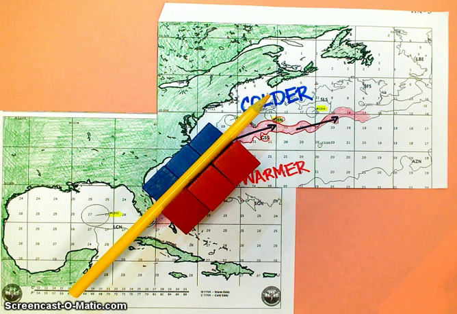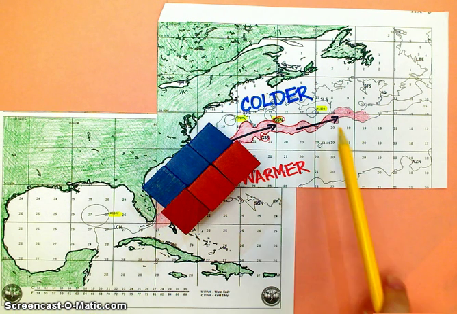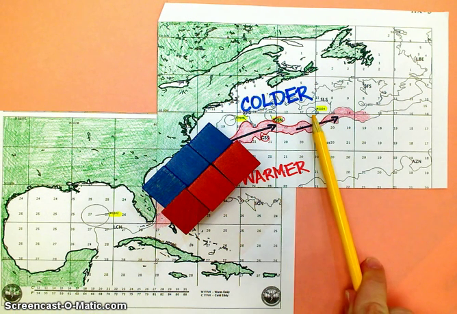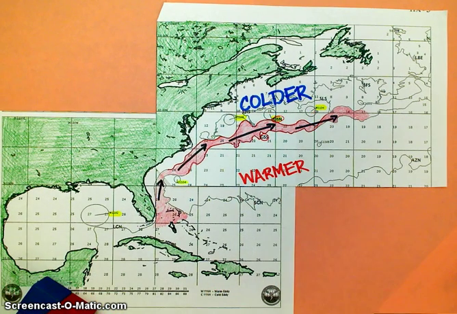Okay. Now we're going to model warm eddy W1104. Eddy 1104 is this eddy right here. Does everybody see it? Okay, I'm going to move these blocks out of the way. The model shows that the central elevation of the warm eddy ocean surface is what? Higher or lower? Well, let's think.